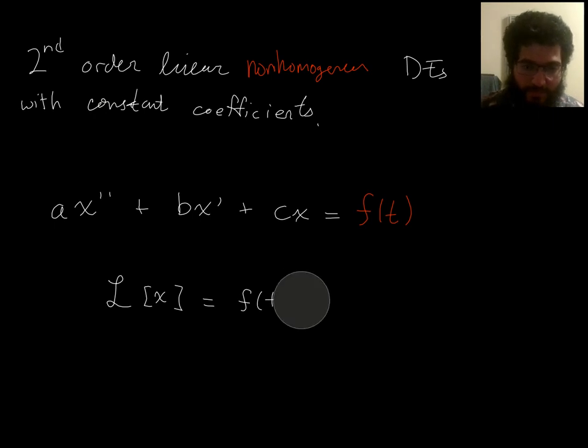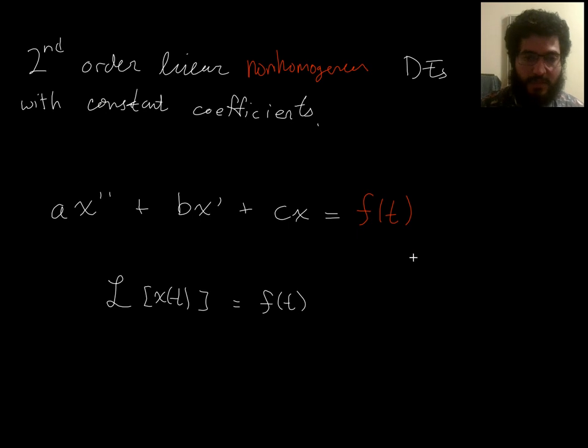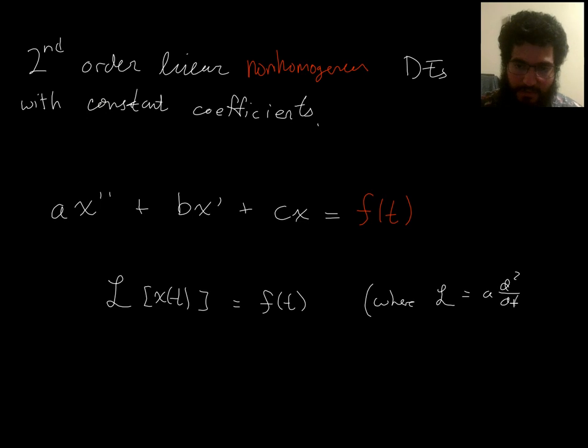And if I'm going to write of t in one place, I should write it everywhere for consistency. L applied to the function x of t gives me f of t. This is my non-homogeneous linear differential equation. It's basically this, where L is this, A, D, this thing.